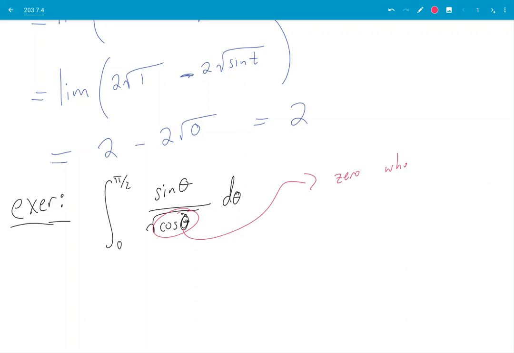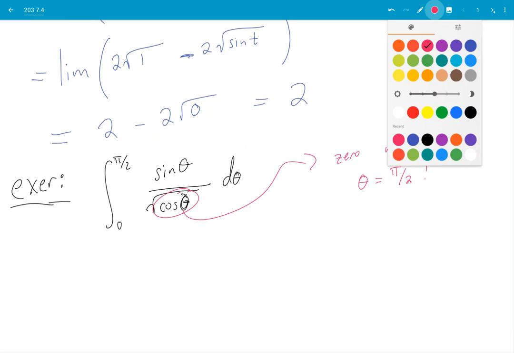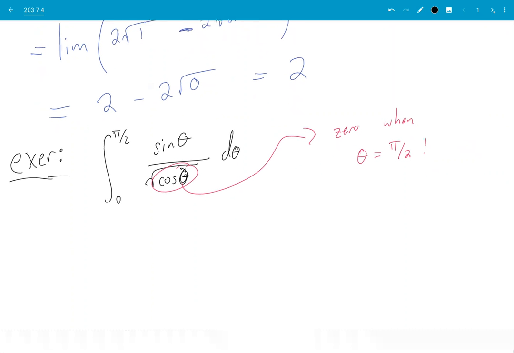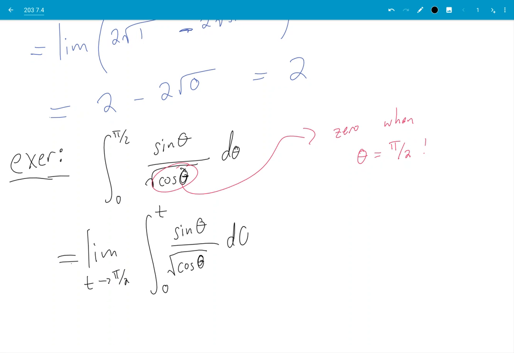This is 0 when theta equals, in fact, pi over 2. So what does that tell me? It tells me that to start here, I'm going limit t goes to pi over 2. And it's actually the 0 that gets left alone and the pi over 2 that gets replaced.